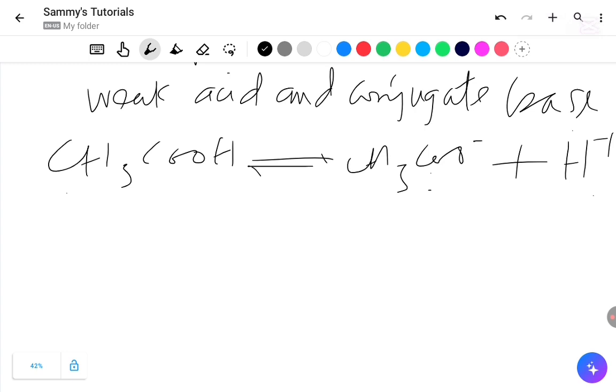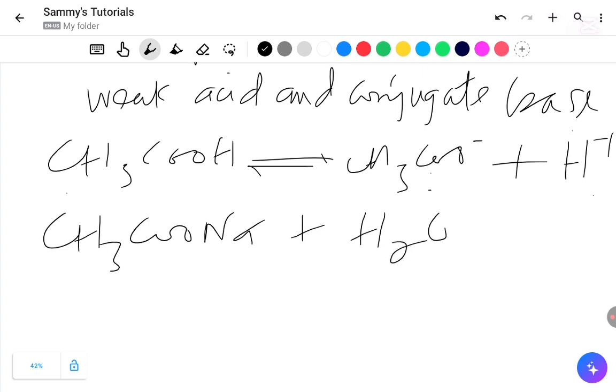You have CH3COONa, while the hydroxyl group will bind with the proton to give you water. So you have this plus water. You see? So there's no change in pH. Okay, now this is the main essence of a buffer.